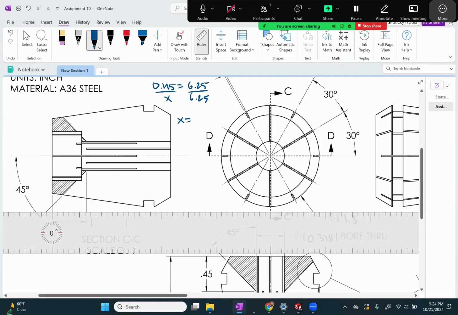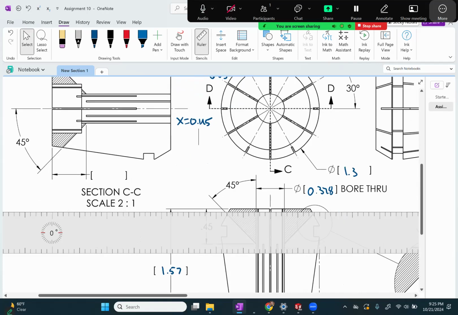So X is equal to 0.45 times 6 1/4 divided by 6 1/4. So we know this cancels, so this is 1. This cancels to be 1. So X is equal to 0.45. I believe that's the last dimension.